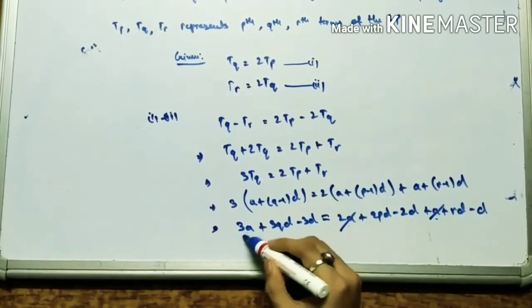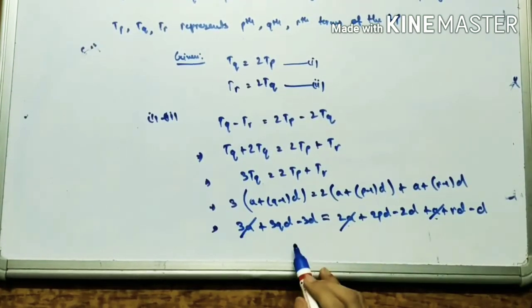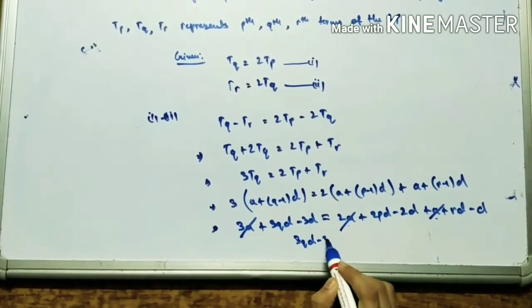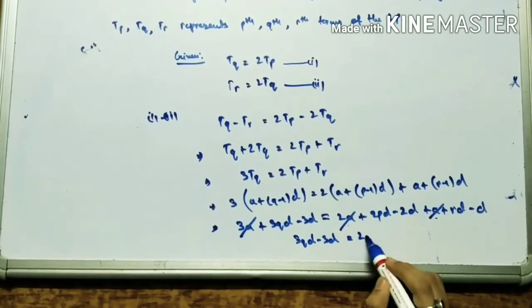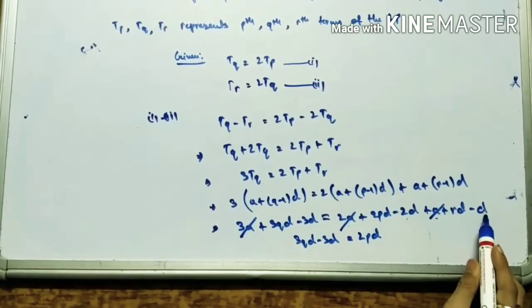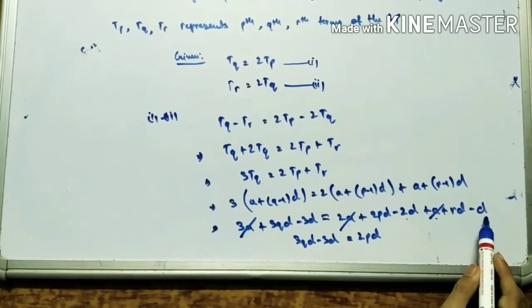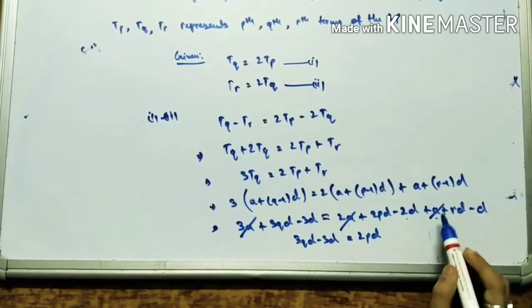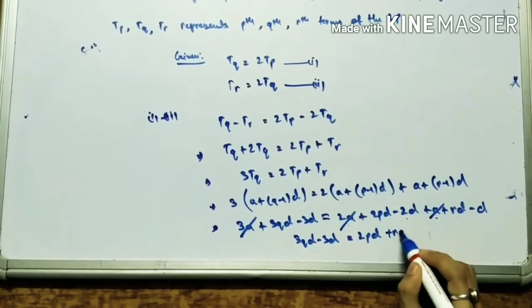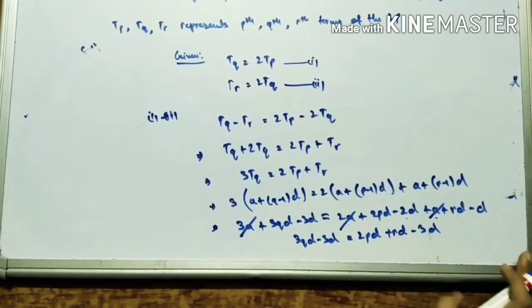So this and this I can cancel out. And then next remain, so let me write it one more time: 3QD minus 3D is equal to twice PD minus 2D minus D, I will get minus 3D plus RD there, so RD minus 3D.